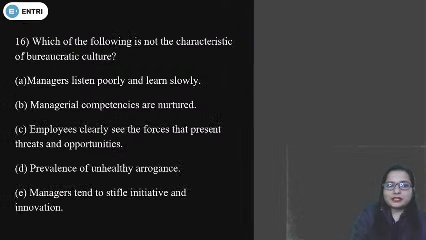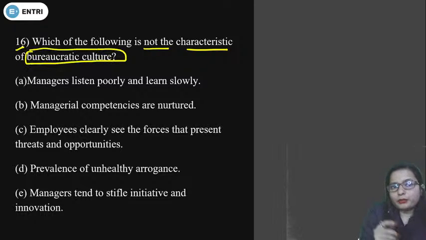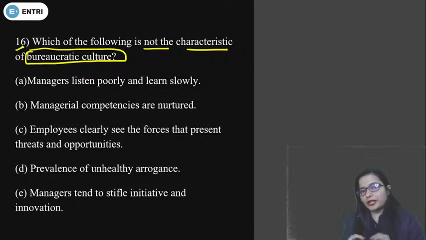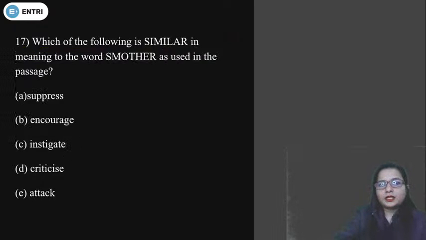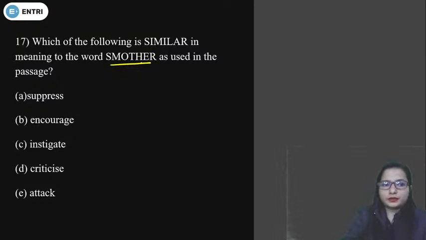Now the 16th question: which of the following is not the characteristic of bureaucratic culture? Not the characteristic of bureaucratic culture. This is the keyword here: bureaucratic culture. We have to locate this keyword, or a word with similar meaning, and find out where it is.